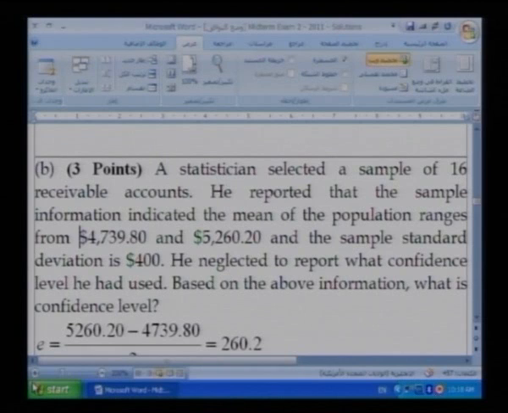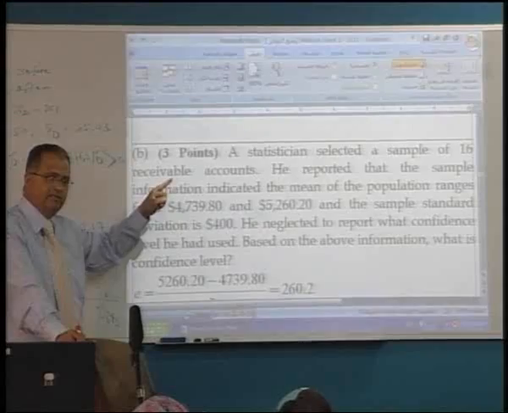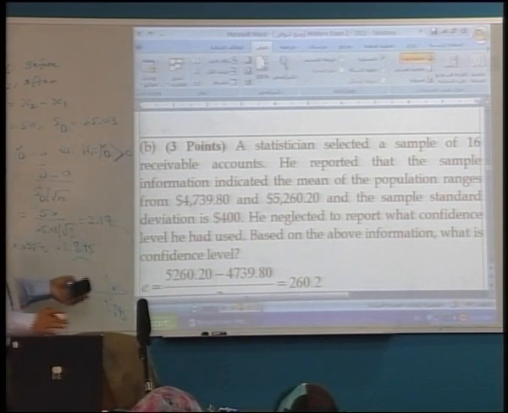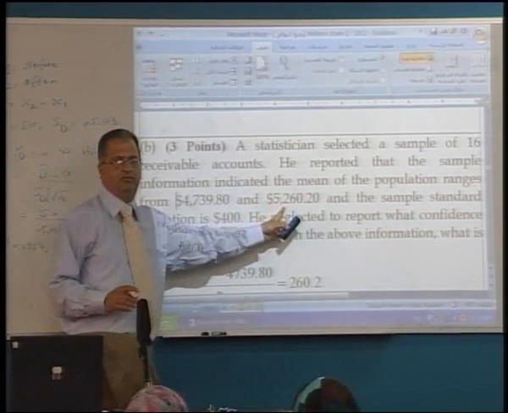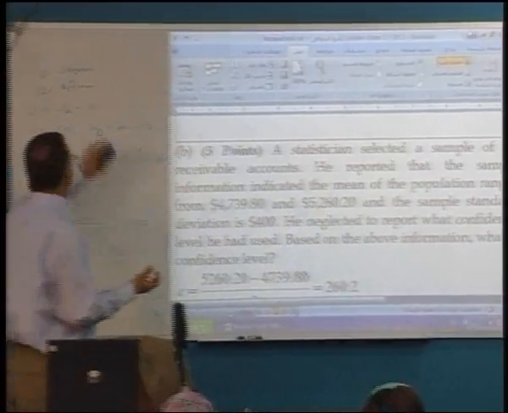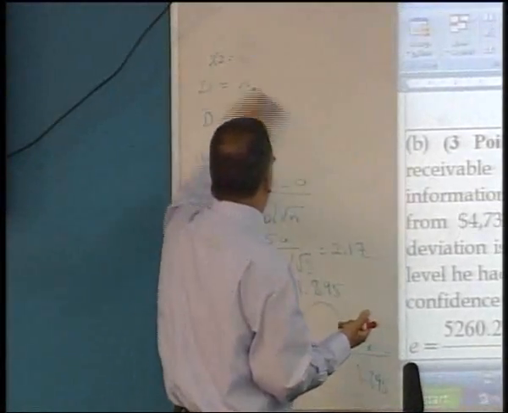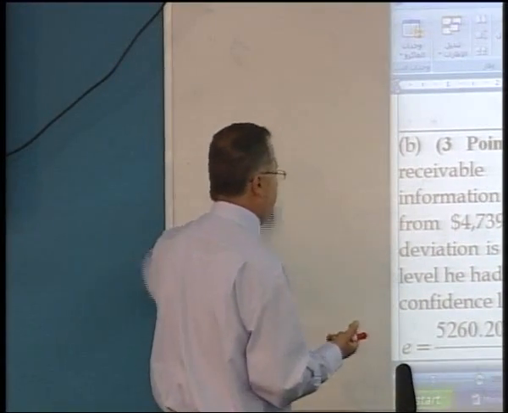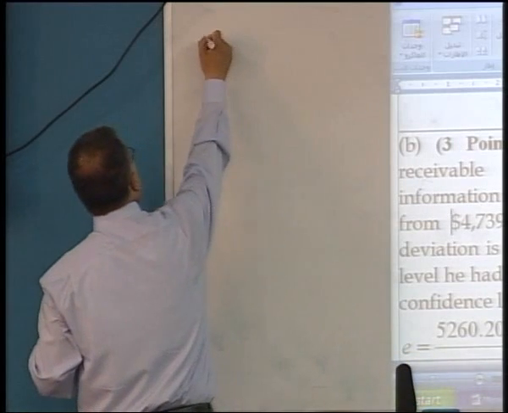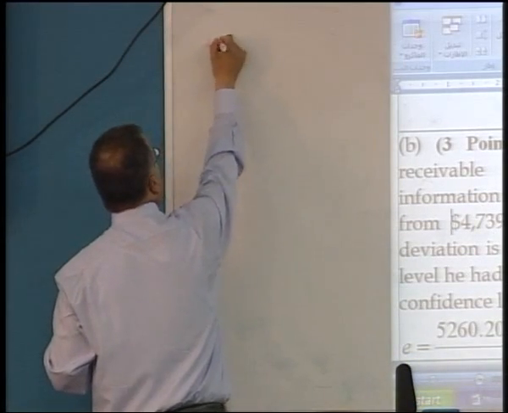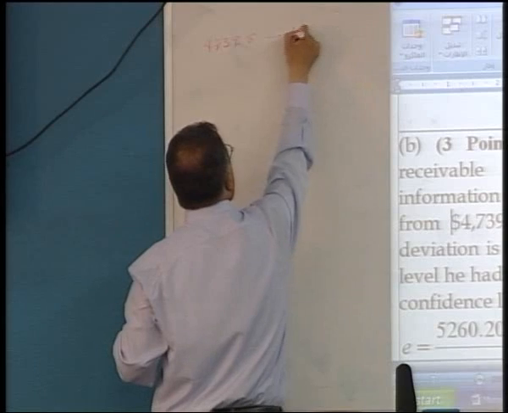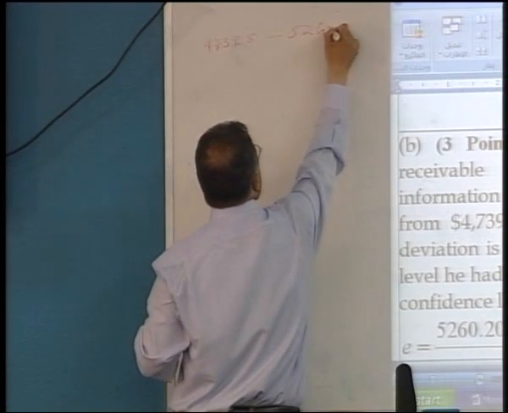The other part: a statistician selected a sample of 16 receivable accounts. He reported that the sample information indicated the mean of the population ranges from these two values. So we have lower and upper limits, which are given by 4,739.8 all the way up to 5,260.2.